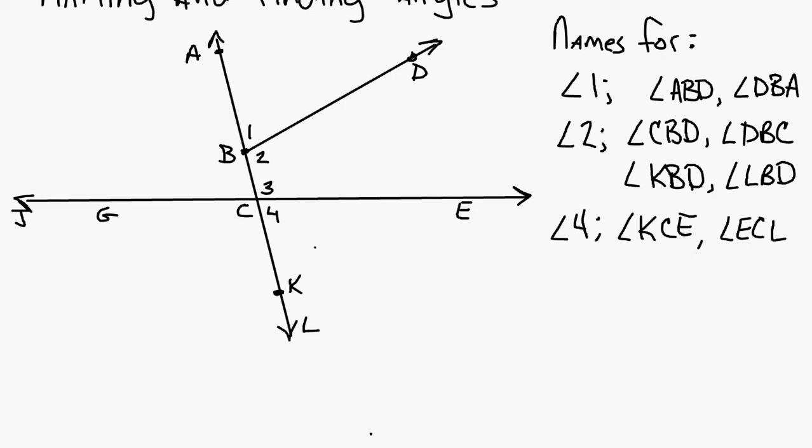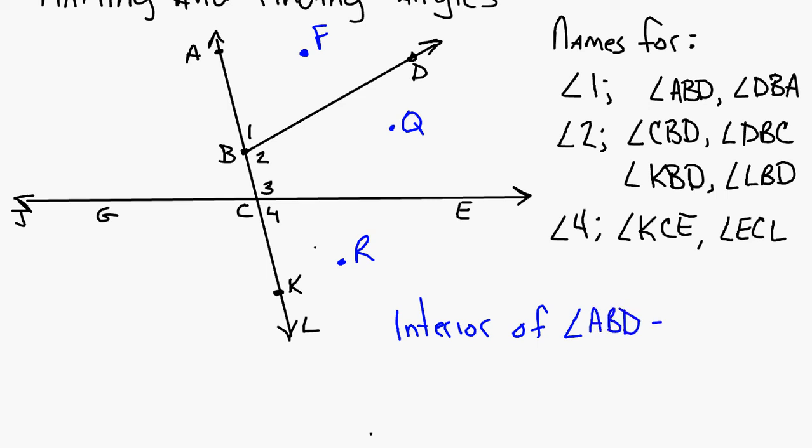Okay, interior and exterior of an angle. Let's put point F right here. And then we'll put point Q here and point R. A point on the interior of angle ABD.